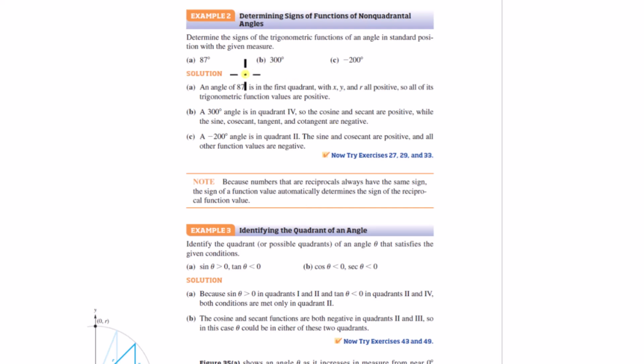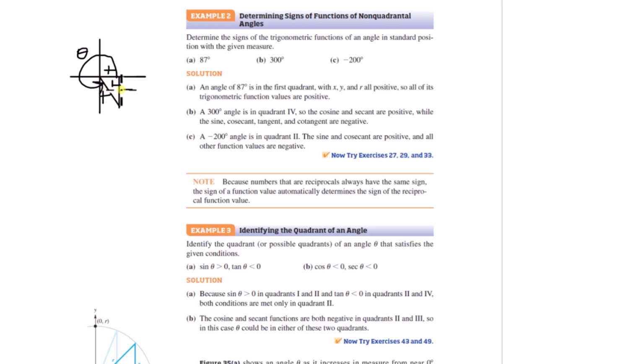Okay, 300. So 300 is in the fourth quadrant. So here's an example of a right triangle that would be drawn. You've got a positive x here and a negative y here, and this is always positive. You're doing SOHCAHTOA indirectly, where we're talking about this angle here, but you do SOHCAHTOA with this angle here, keeping in mind the signs.